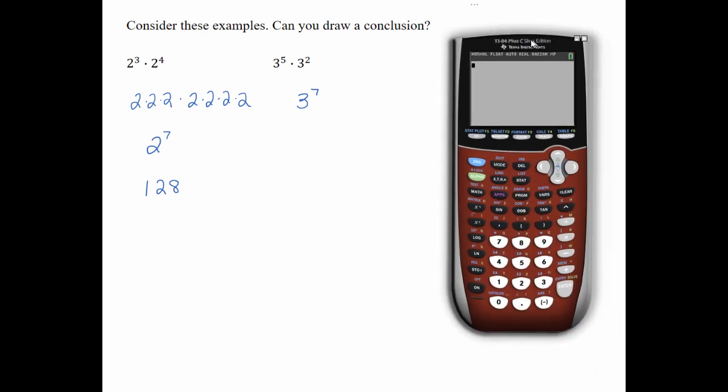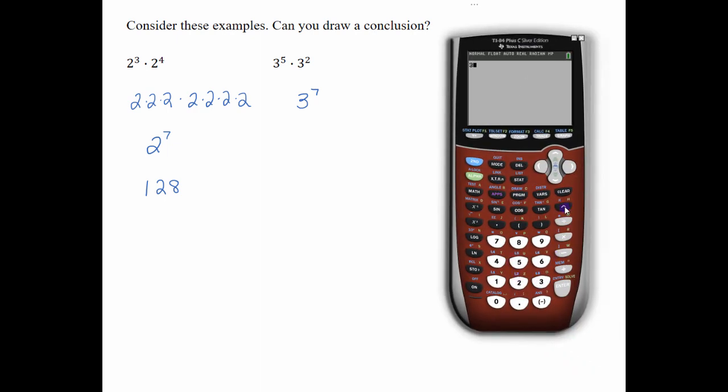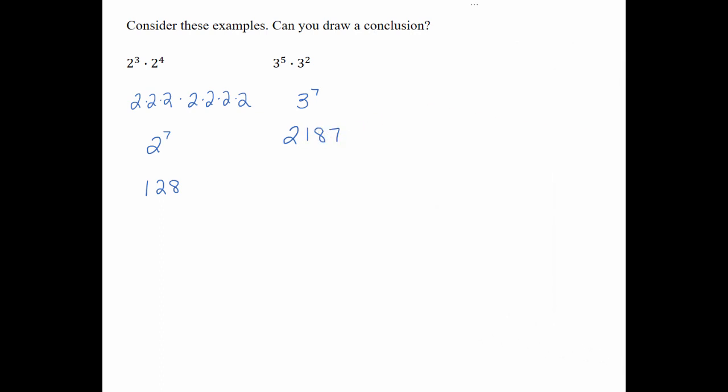So let's try that on the calculator. 3 to the 7th power is 2,187. Okay. And think about how handy this would be if we had very large exponents, like 2 to the 19th times 2 to the 87.